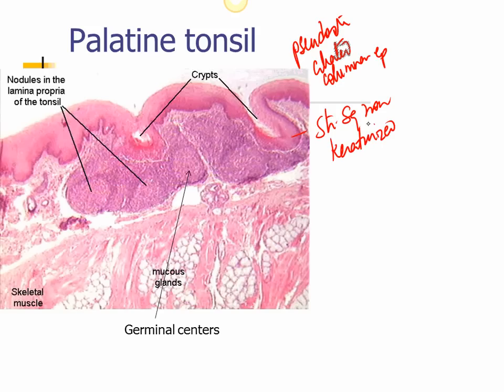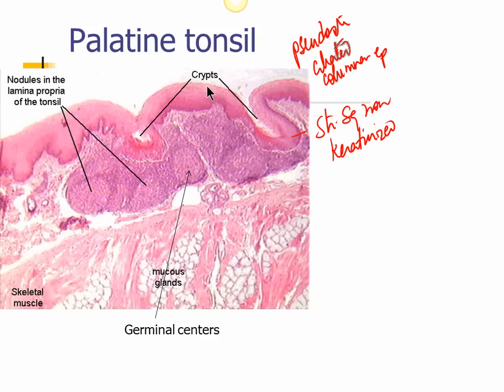The lingual tonsil will also have the same kind of epithelium as palatine because they're both present in the oropharynx. What is also typical of the tonsils is that the epithelium dips into little valleys or grooves which are known as crypts. So here you see crypts present, and the epithelium lines the crypts.